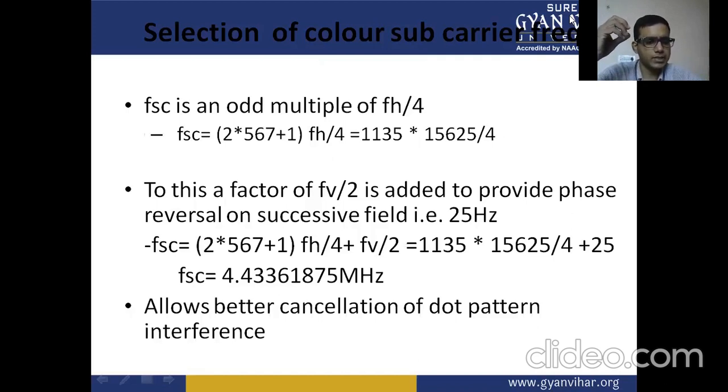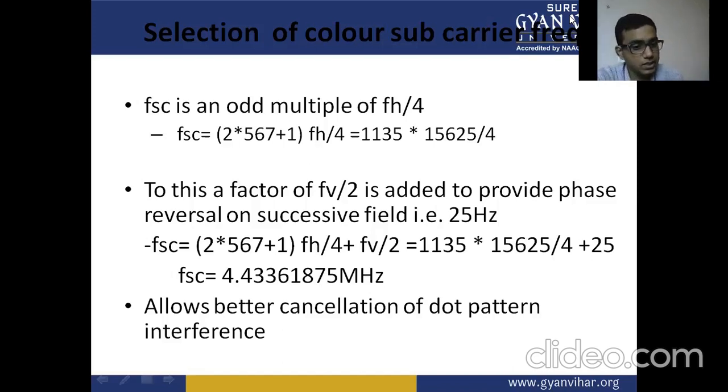Fsc equals 2 into 567 plus 1, Fh upon 4 plus Fv upon 2, equal to 1135 into 15625 upon 4 plus 25. So Fsc is equal to 4.43361875 megahertz.